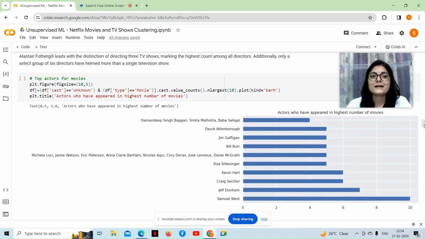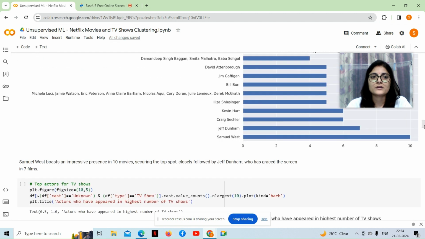Then top actors for the movies. Samuel West boasts an impressive presence in 10 movies, securing the top spot, closely followed by Jeff, who has graced the screen in 7 films.